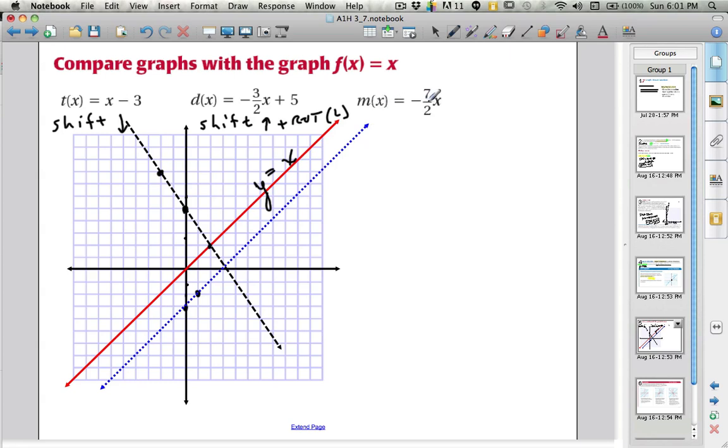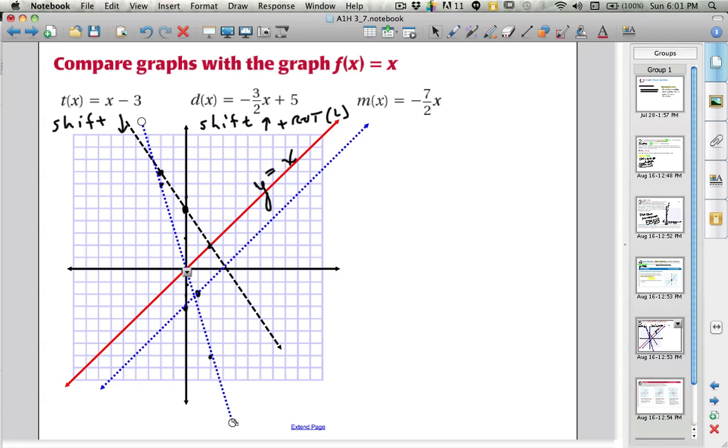Right? And if you look at this last function, the y-intercept is the same, but the slope is different, -7/2, 1, 2, 3, 4, 5, 6, 7, and over 2. And like I said before, I can go up 7, left 2, 1, 2, 3, 4, 5, 6, 7, and left 2. And then we can go ahead and graph that one. Let me just adjust it over to be closer to where it belongs.